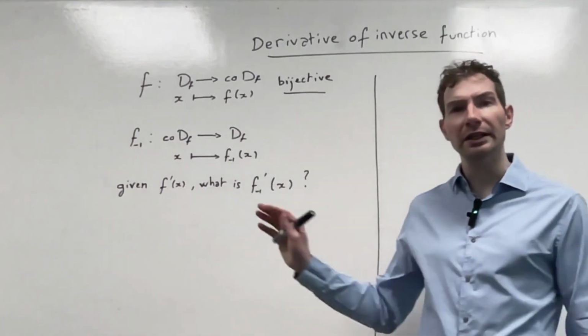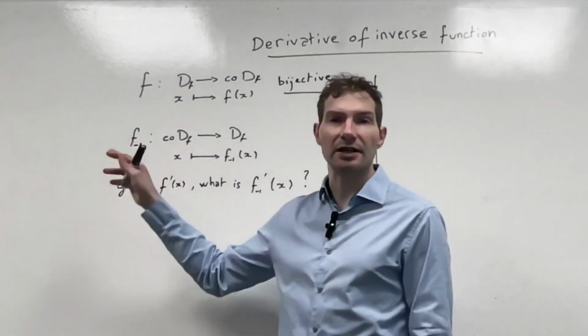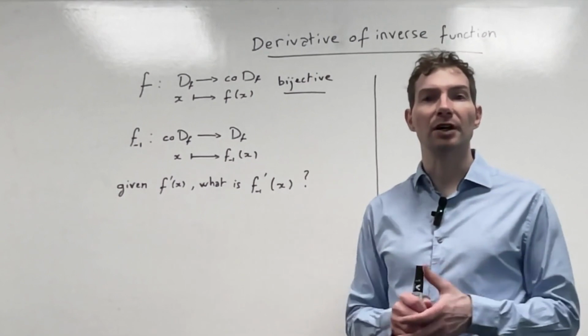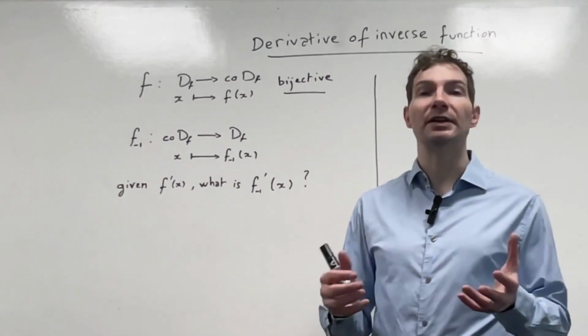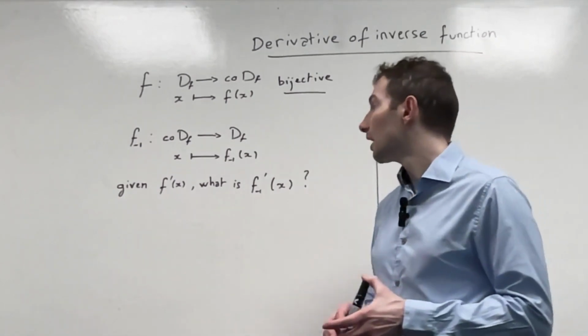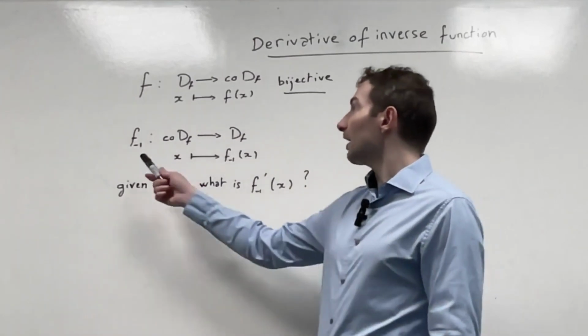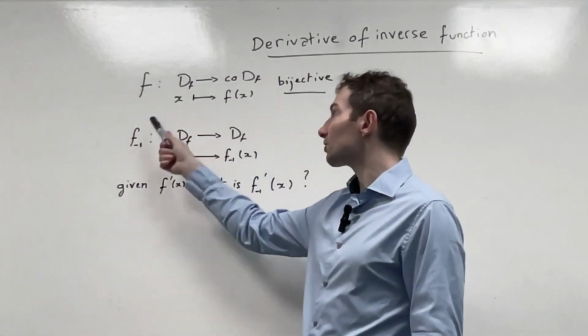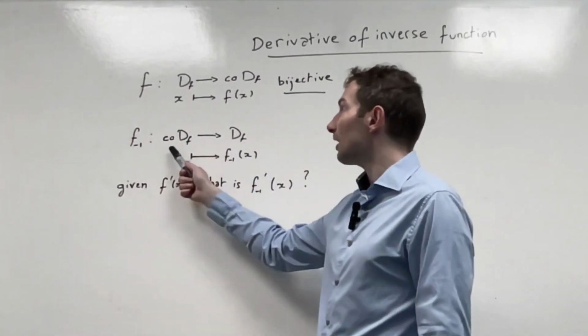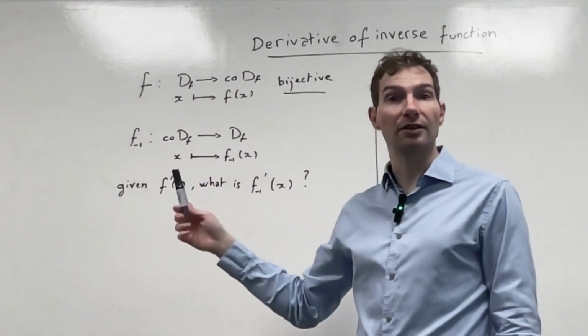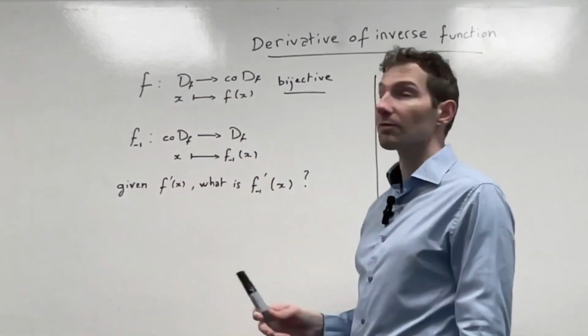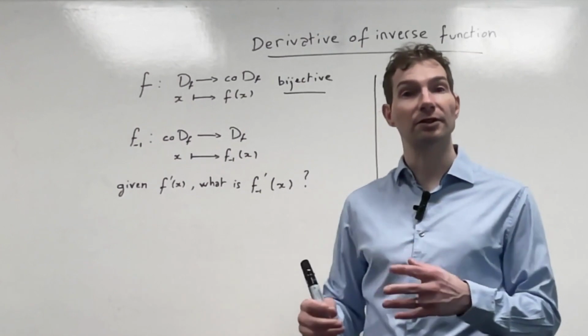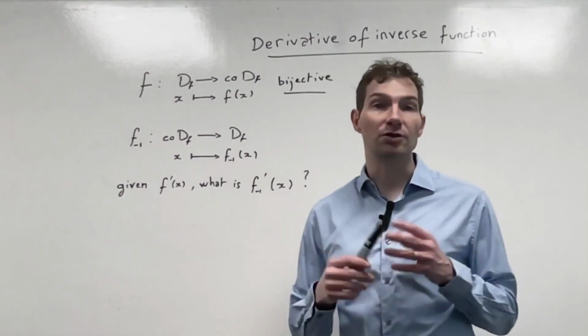That's why I've decided to put it as an index, because it's a bit less ambiguous. By definition, the inverse takes some element in the codomain of f and returns something in the domain of f.